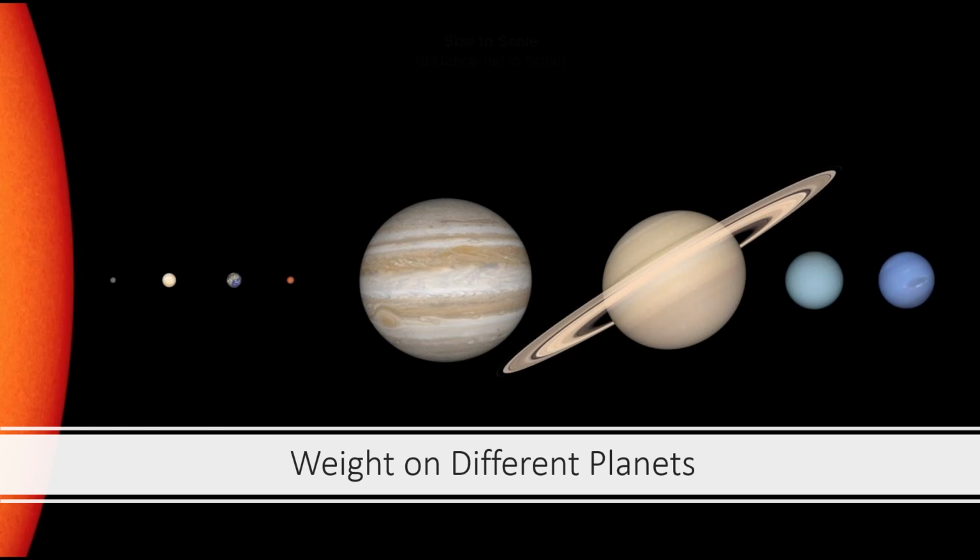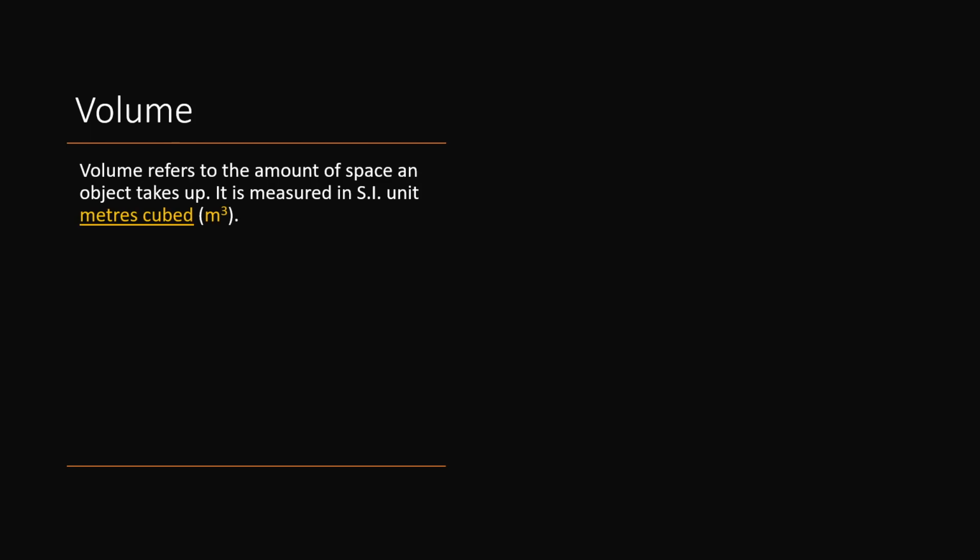So, moving on to the next topic, which is volume. What is volume? Volume is the amount of space that an object takes up. Now, this can be a little bit hard to think about conceptually, but I want you to think about the amount of space that an object takes up, even comparing it to its mass.